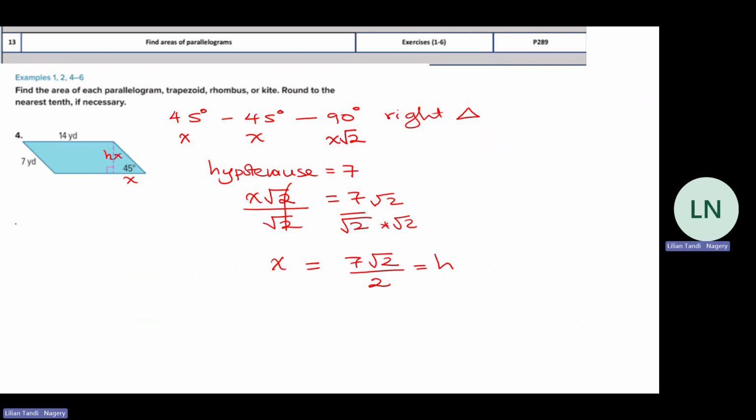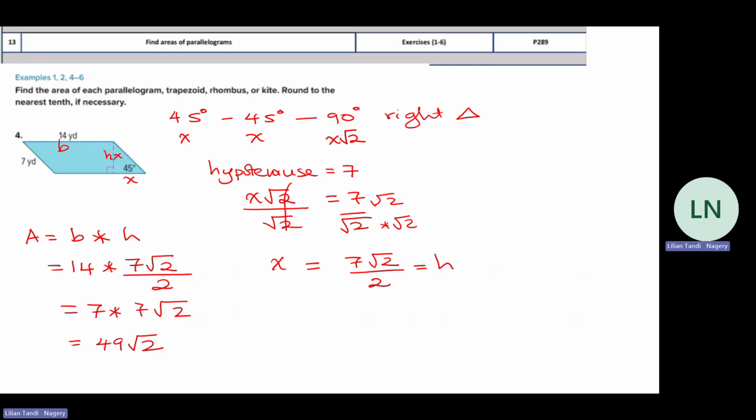Now to find the area, this is your base. So area of your parallelogram is base times height. Your base is 14. Your height is 7 square root of 2 divided by 2, and this becomes 7 multiplied by 7 square root of 2, which is 49 square root of 2.